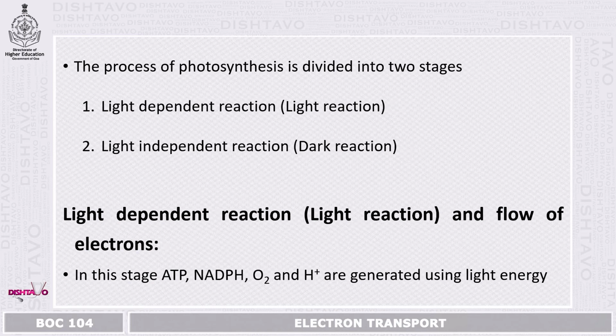The process of photosynthesis is divided into two stages: a light-dependent reaction, also called the light reaction, and a light-independent reaction, also called the dark reaction. In this module, we will discuss the light-dependent reaction and how the flow of electrons takes place in the light reaction part of photosynthesis, thereby generating ATP molecules.